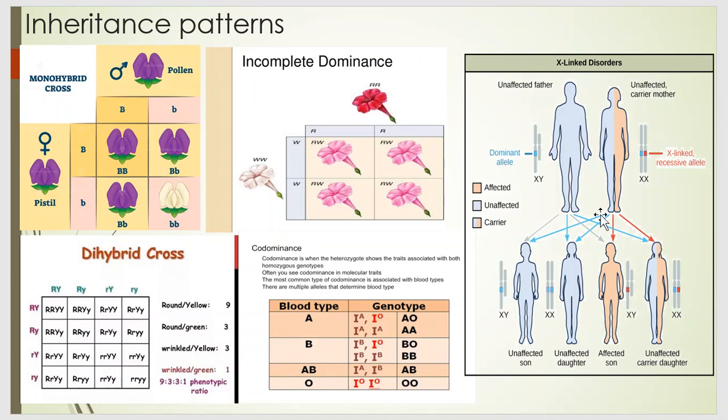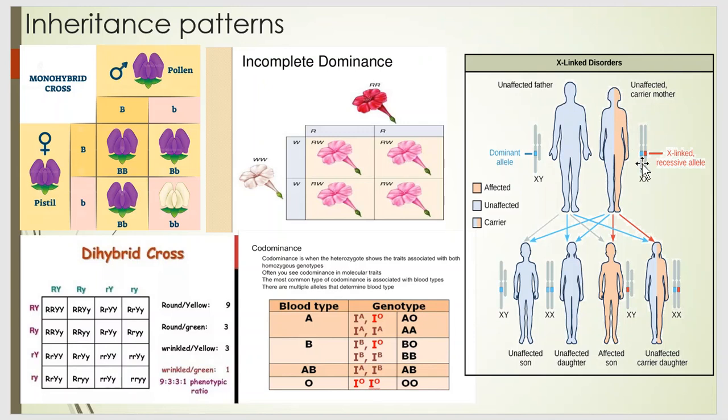The last inheritance pattern that you're going to learn is X-linked disorders or sex-linked disorders. This is linked with the sex chromosome, and you know for the male it is XY, and for the female it is XX, and this is linked with the X chromosome. So here we have some allele which is inherited with the X chromosome, and the Y chromosome doesn't have anything.